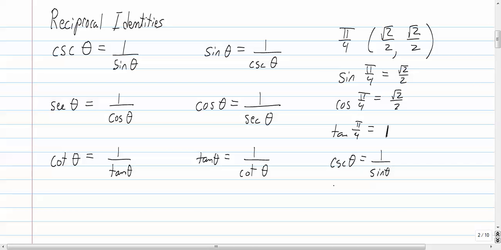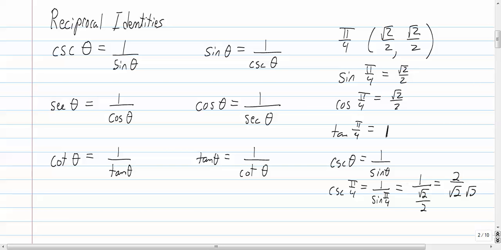That means that the cosecant of pi over 4 is equal to 1 over sine of pi over 4. And we just figured out the sine of pi over 4 is square root of 2 over 2. So that's 1 over square root of 2 over 2. And so you can flip and multiply, and you get 2 over square root of 2.